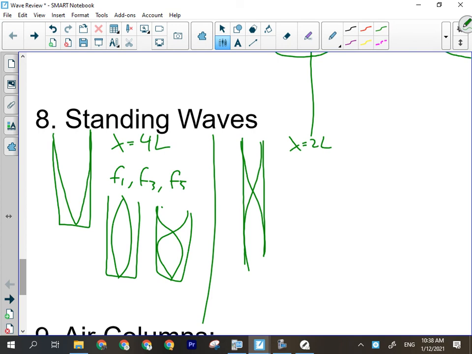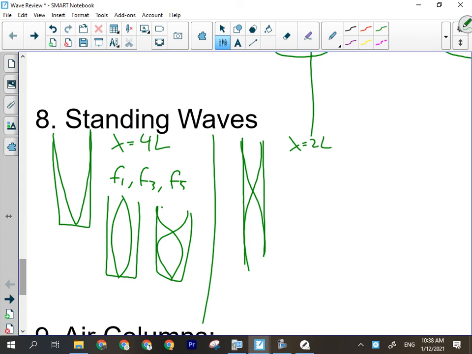How are open air columns different in terms of the sounds they make? They resonate at every frequency. Because there's always a difference of half a wavelength instead of a quarter of a wavelength, every half a wavelength is another antinode. So you always get a sound, because every half a wavelength is a new pattern and a new antinode.